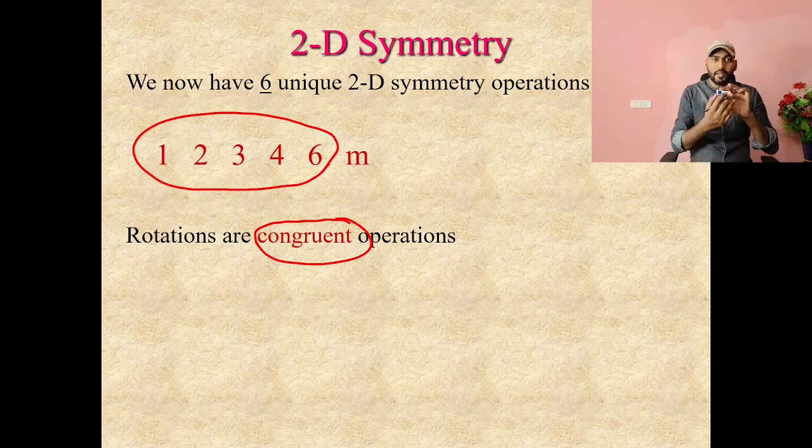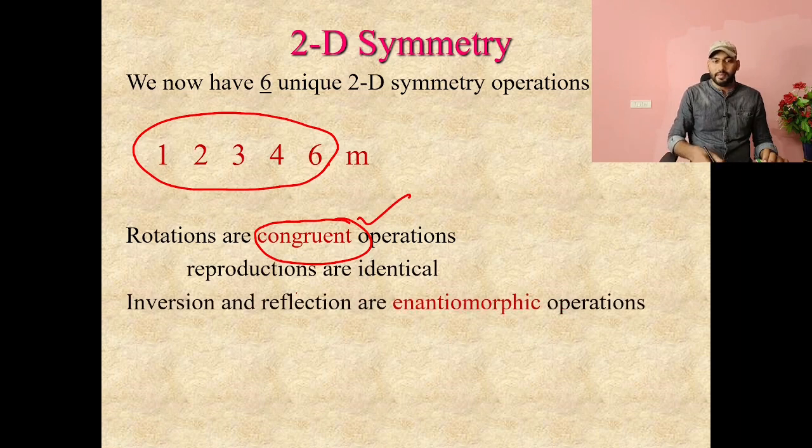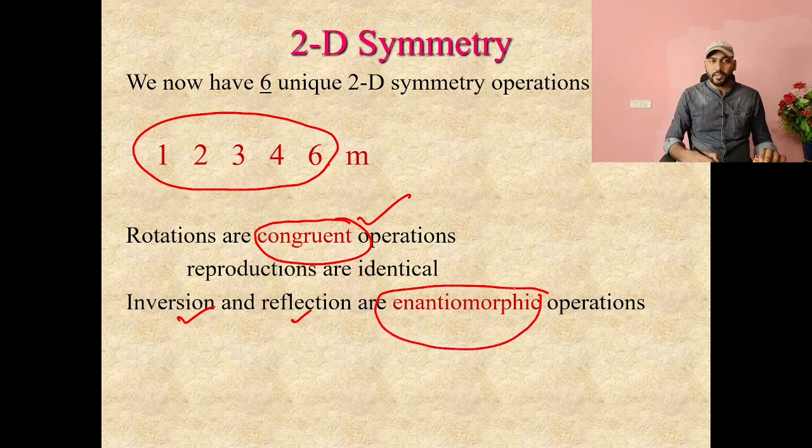Okay, in rotation, the repetition is as it is, the same as the previous face. The repeated structure or repeated motif is the same as the previous one. That's why we call it congruent operation. But reflection and inversion are called enantiomorphic operations. Why enantiomorphic?